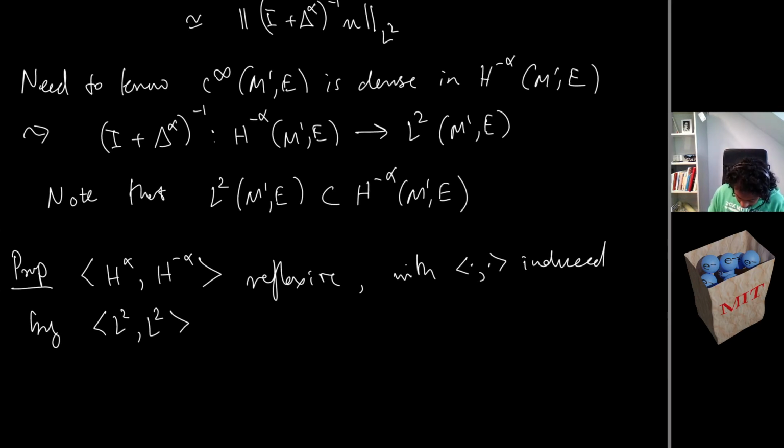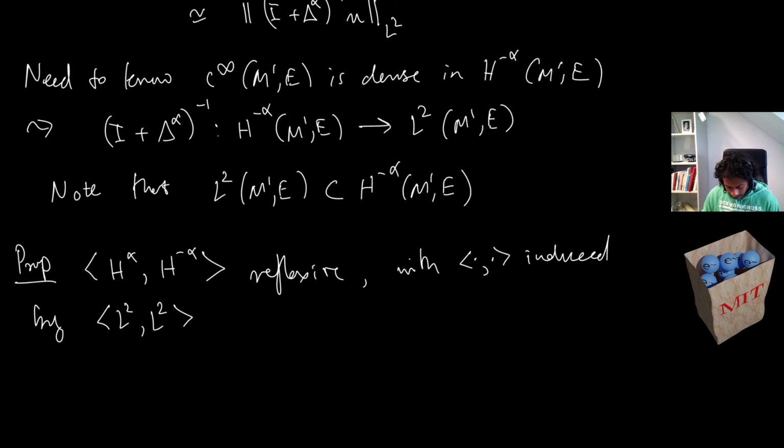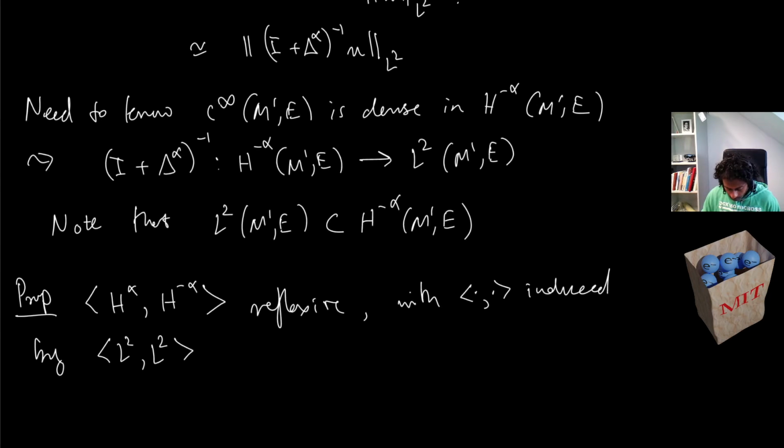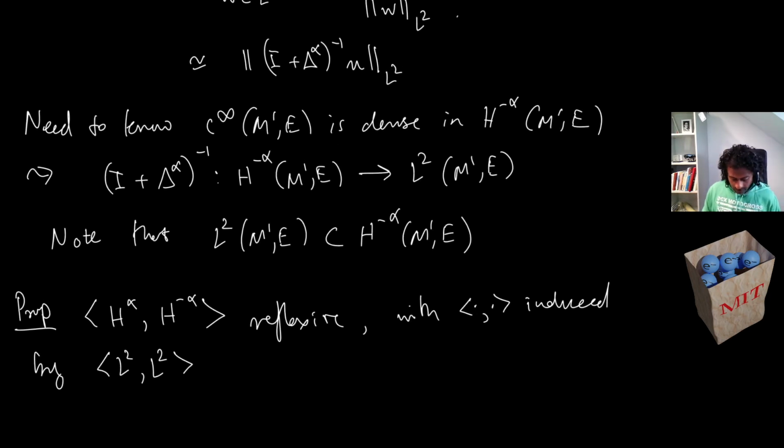So the reflexivity, well, the question is, what is the squiggly arrow? In LaTeX this is \leadsto. I don't really care. I'm just trying to say that we need to know that this is dense in H minus alpha, and that leads to the fact that this is an operator which is bounded from H minus alpha to L2.